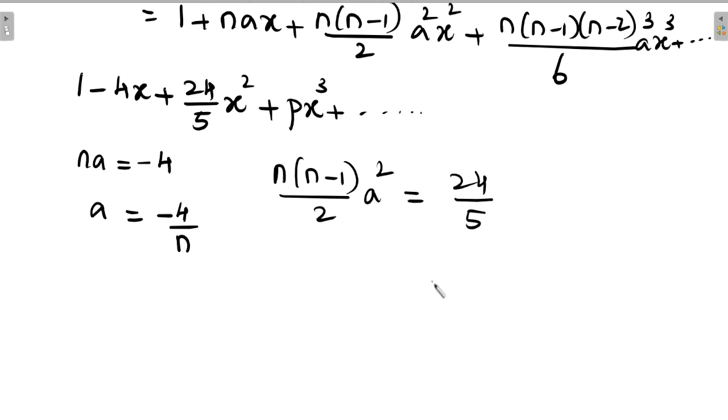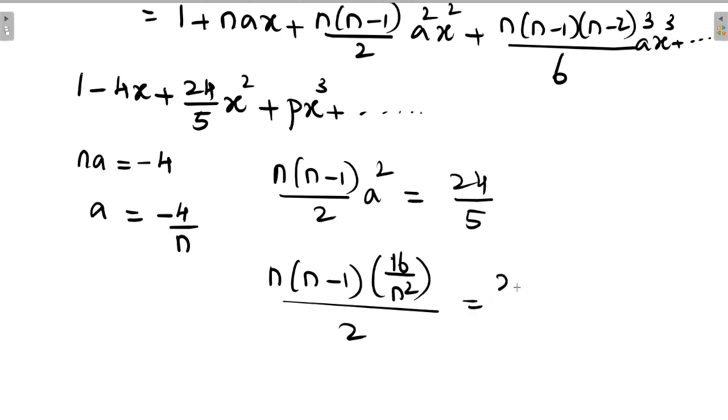Now we can replace the value of a, that is minus 4 by n, and change everything into the form of n. So n into (n minus 1) times 16 by n squared, divided by 2, is equal to 24 by 5.